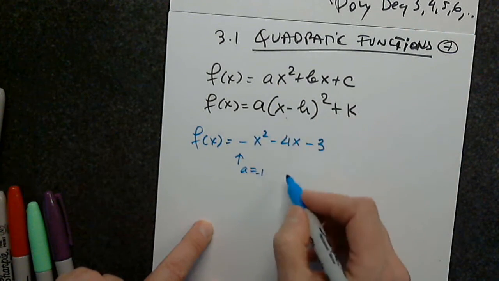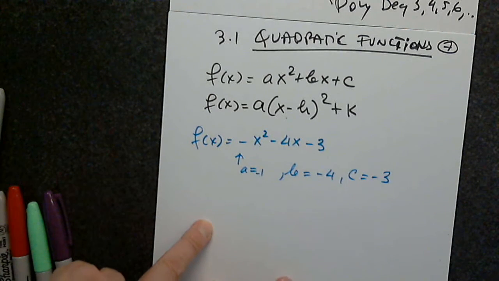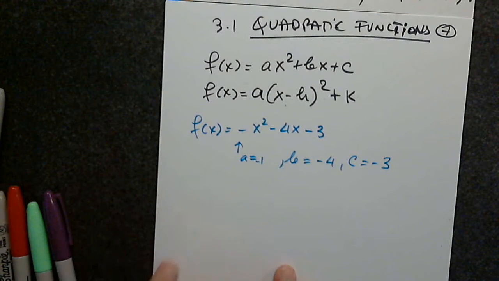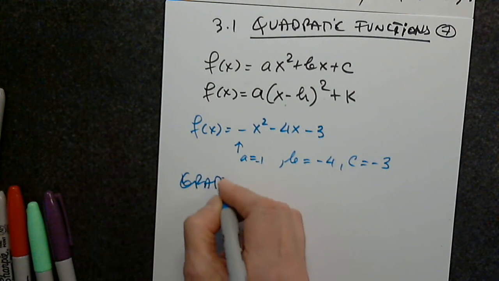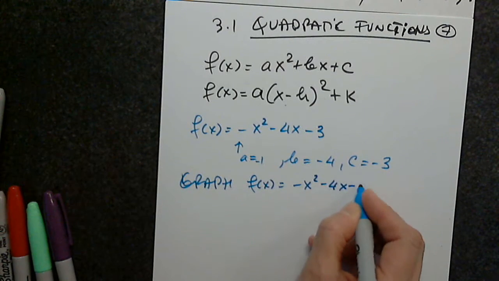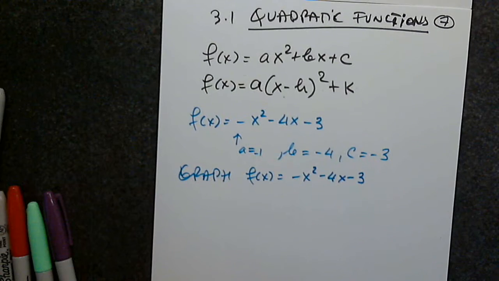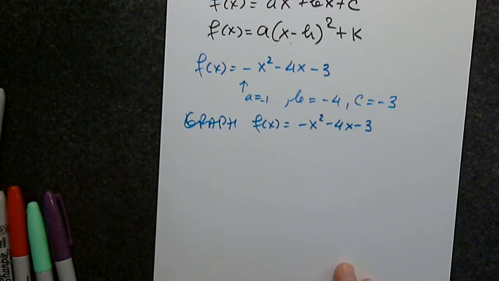A is negative 1, b is negative 4, and c is negative 3. And the question here is graph this function f of x equals negative x squared minus 4x minus 3. We have to go through several steps, and I will mention that on the test and the final.